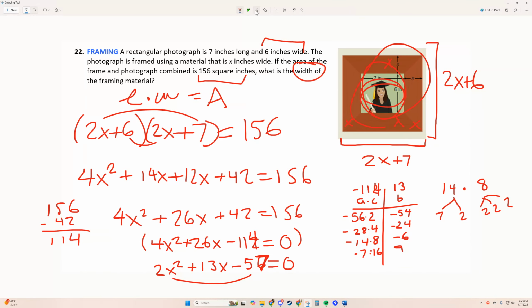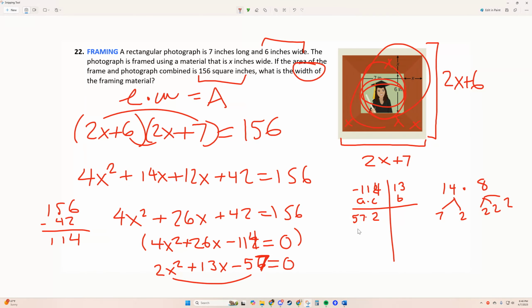You'll see that when you take shortcuts, you'll make little mistakes. Let's go back to this step. I don't want to re-record a whole video, so hopefully this is my last mistake. 114, because that's this. And then we said it's 57 times 2 is 114.